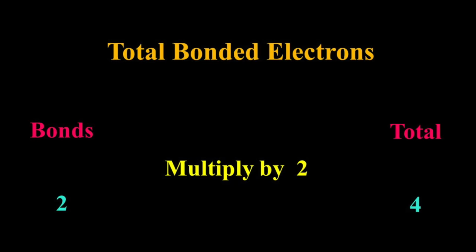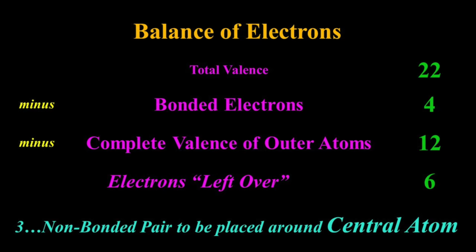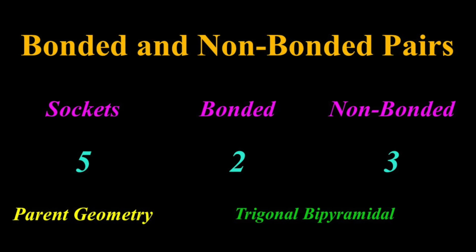So you have 4 bonded electrons total, 2 bonds times 2. You have 2 outer atoms, which give you 12 total electrons. So that will give you 3 non-bonded pairs to be placed around the central atom. Remember, you're going to put them around the trigonal section of the shape.